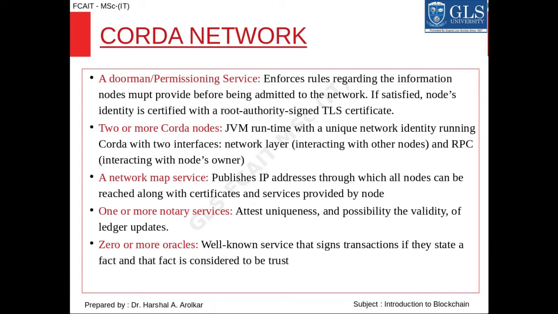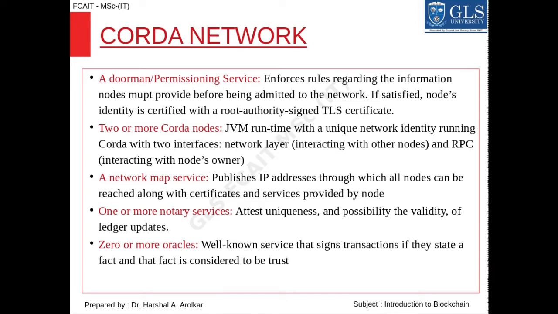Okay, so it also has two or more Corda nodes. Why are we saying two or more Corda nodes? Because whenever we want to have interaction, we need to have at least two entities in that interaction. So we require two or more Corda nodes to be part of the accessing mechanism.